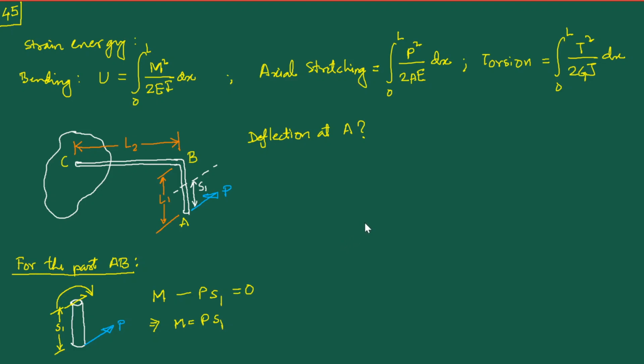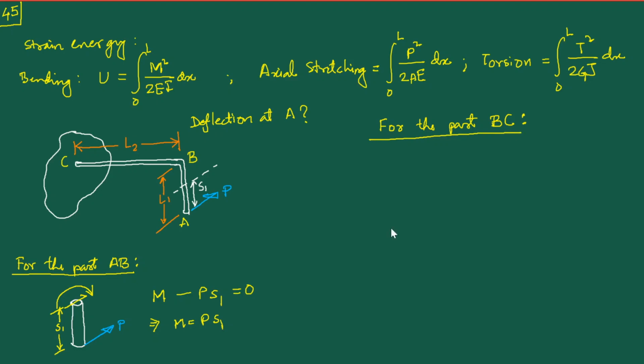So what I'll do is set this question maybe here, so it is not confusing with what I'm going to write now. So for the part BC, now, this is where it gets really interesting.